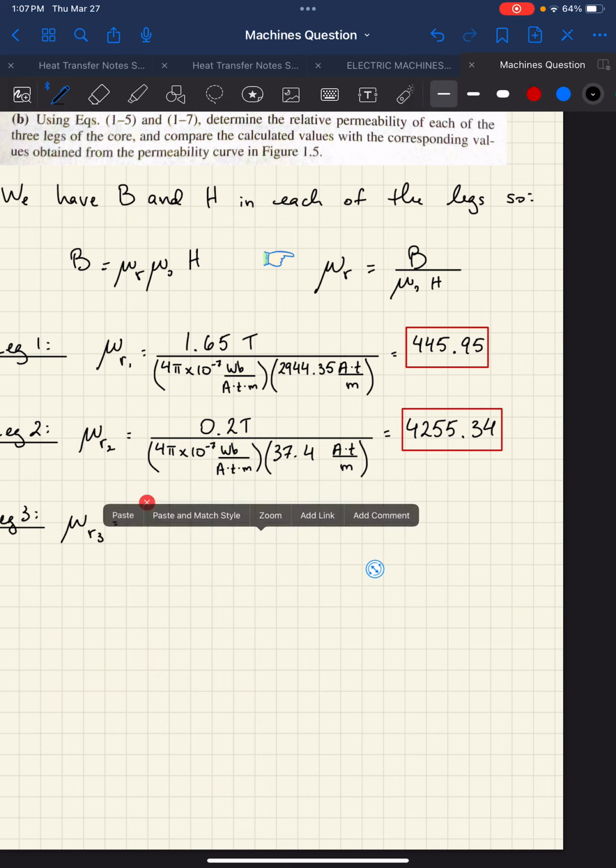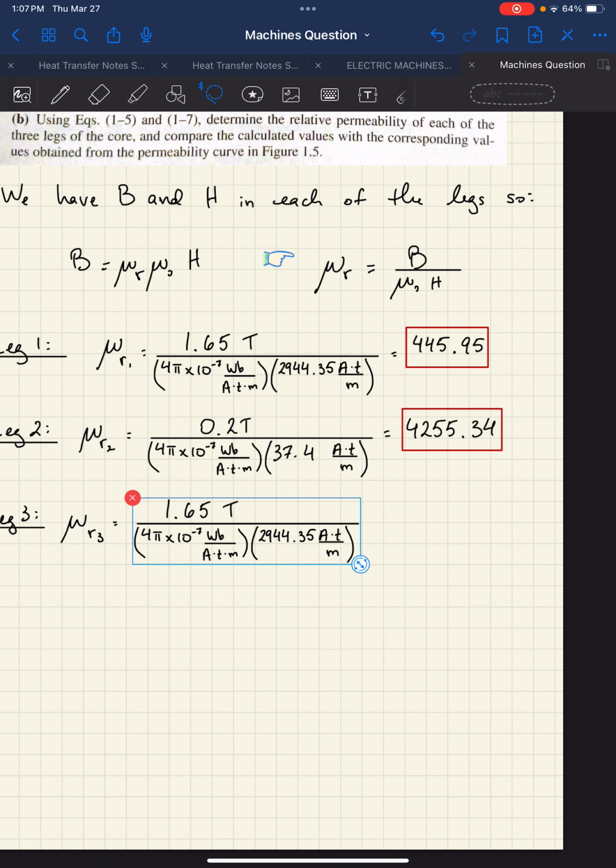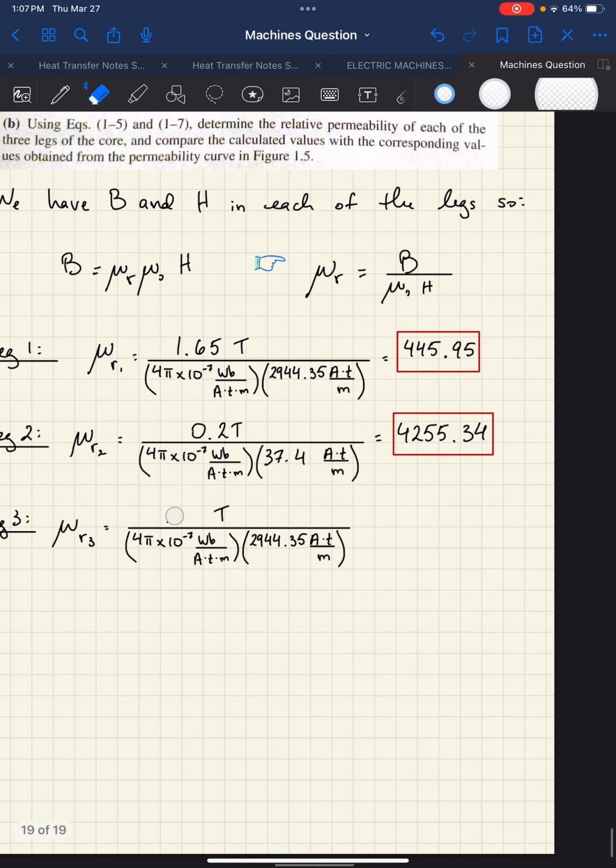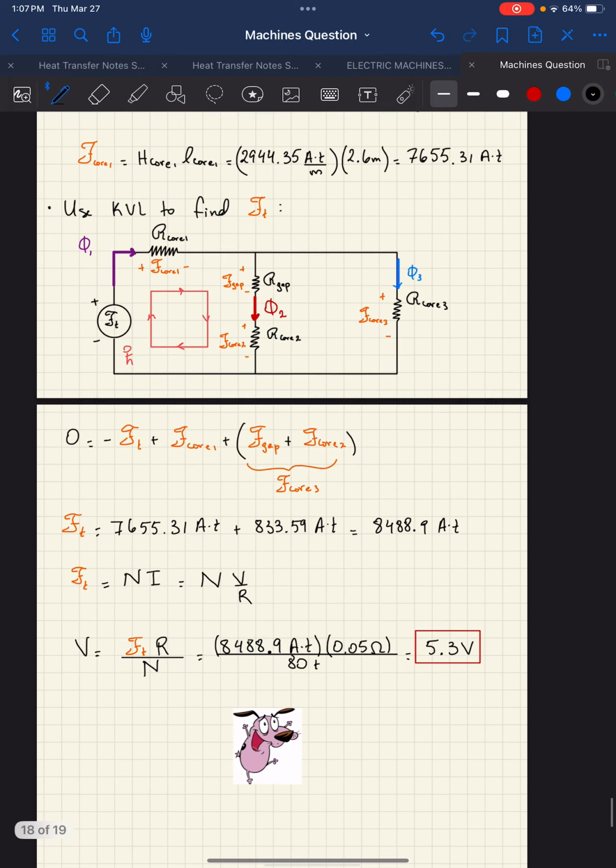And finally, in the last leg, again, we just have to change the two numbers. We just change this guy and this guy. In leg 3, B3 is 1.45, and then H core 3 was 277.6. Let's just verify that.